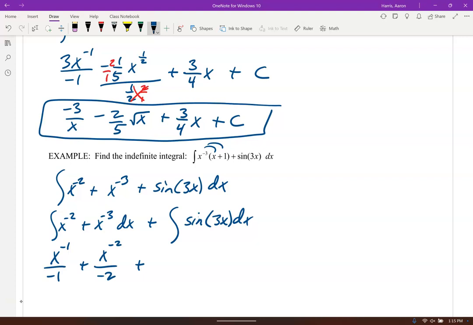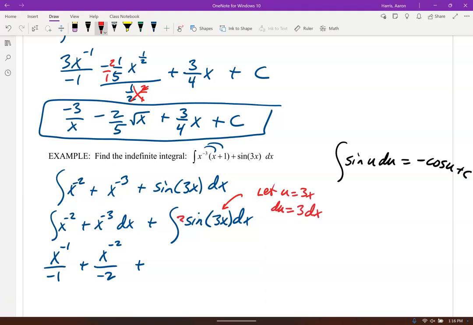And then here I'm thinking to myself, well, I know the integral of sine is negative cosine, because remember, the derivative of negative cosine will get you back to just sine, right? And so that's what I'm going to use here. I'm going to say, well, that's got to be my u. u's got to be the 3x. So du is 3 dx.